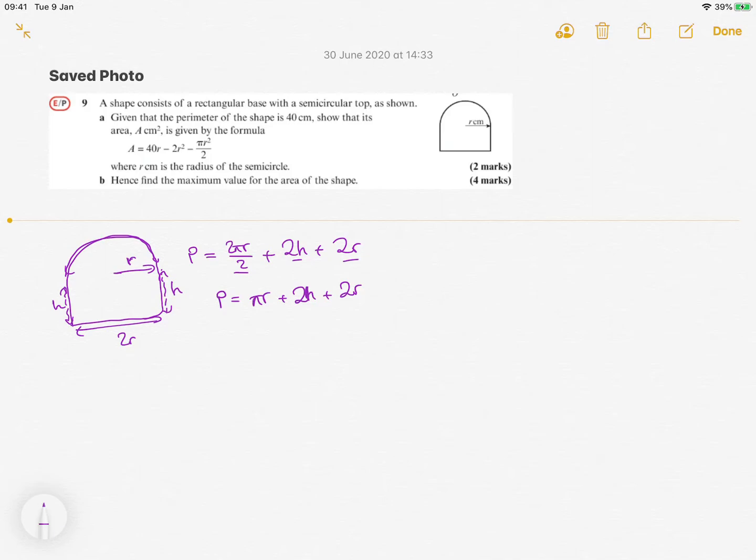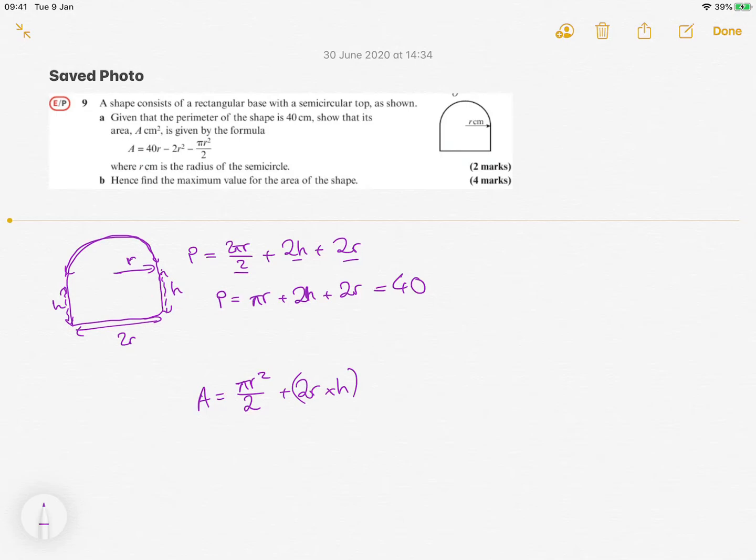And then, that's equal to 40 as well, which I'll bring in a second. Now it says show that the area is given by that formula. So let's try and get a formula for the area. So the area would be, for the circle, pi r squared over 2, because it's a semicircle, plus 2r times h, because that's my rectangle at the bottom there.